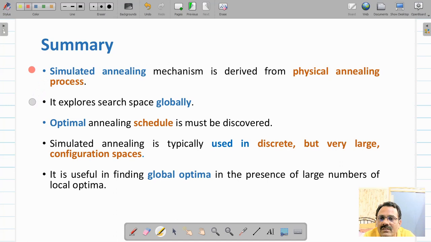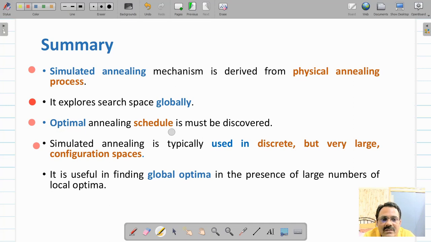It explores the search space globally by incorporating a probability of accepting bad states, initially in the initial phase of the algorithm. The algorithm is capable of exploring the whole search space, so it gives you the optimal solution. Here the optimal annealing schedule must be discovered. This is an important step in the simulated annealing algorithm.